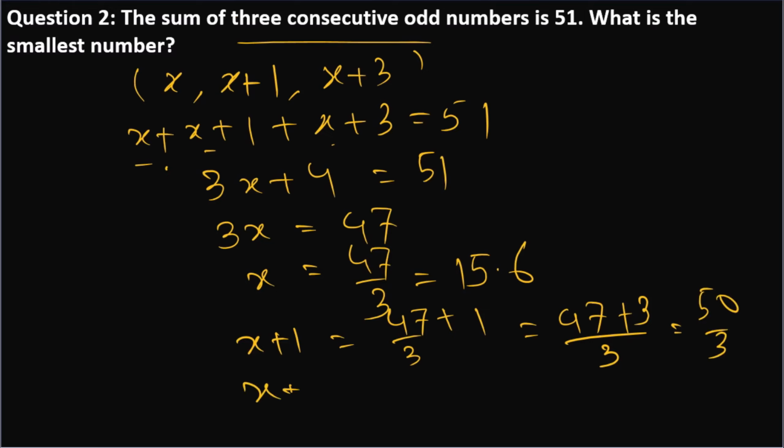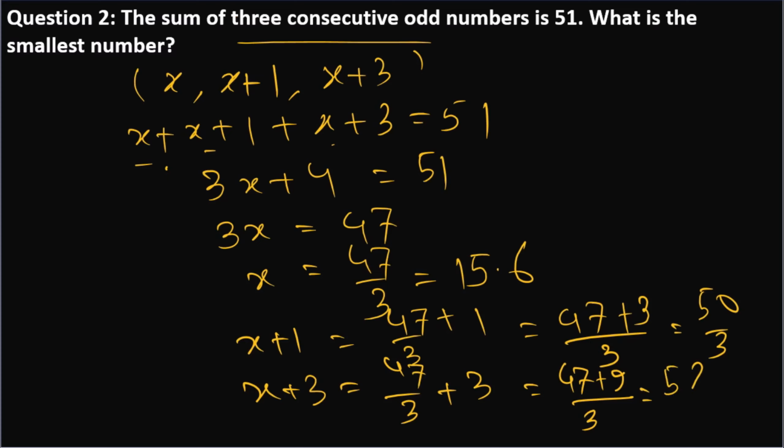Another number will be x plus 3, so 47 over 3 plus 9 over 3, we get 56 over 3.